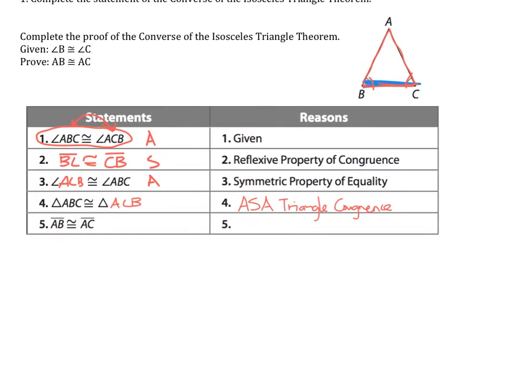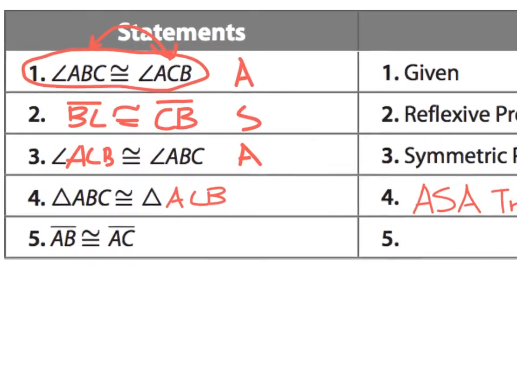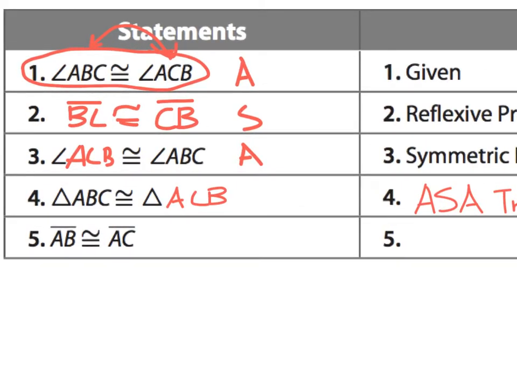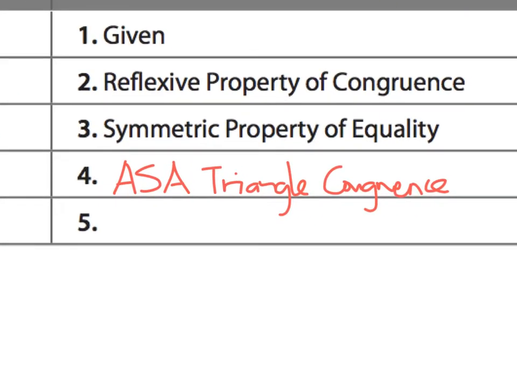And then step 5, again, AB is congruent to AC. So AB, my first two letters here, AC, my first two letters here, means they have to be the same because of the really fun long one. Corresponding parts of congruent triangles are congruent.